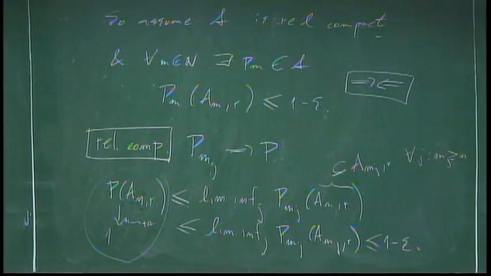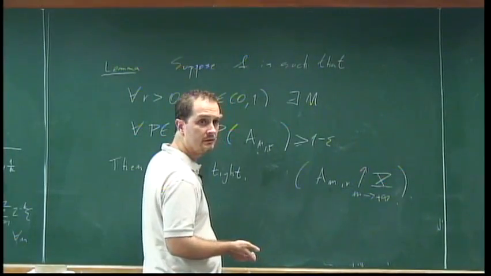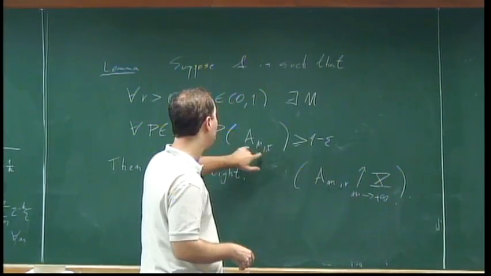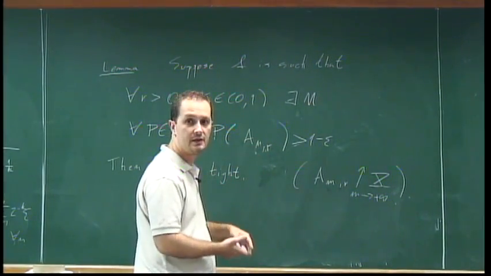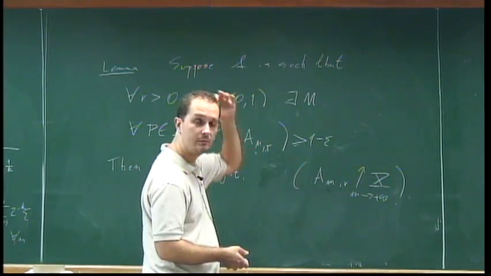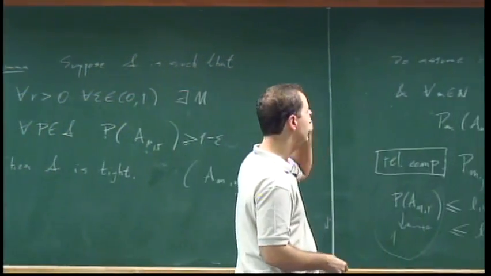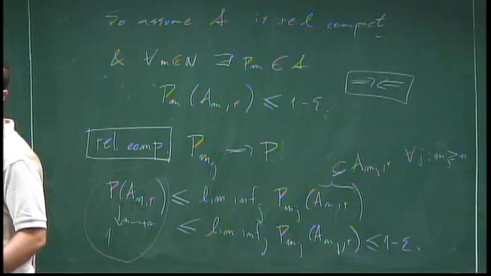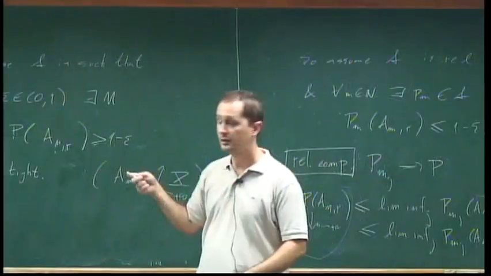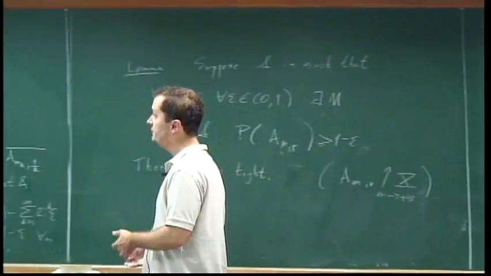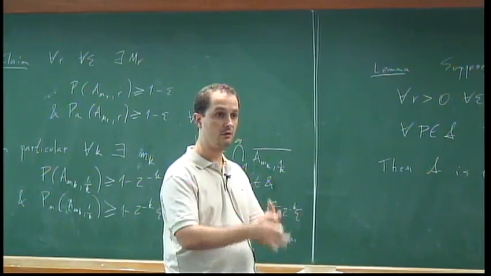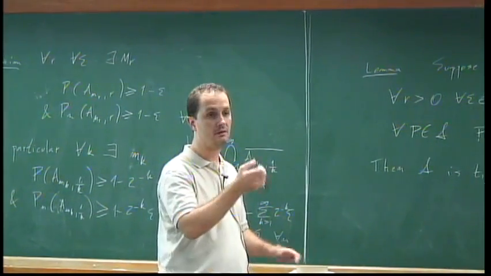So one direction is really based on this lemma, and this idea that using these sets, or the closures of these sets, you can build a compact set. And relative compactness means that this assumption must be true for a family S. And the other direction is this complicated construction. Restrict to the compact sets, you get weak convergence over all of them, and then you take an increasing limit of the measures.